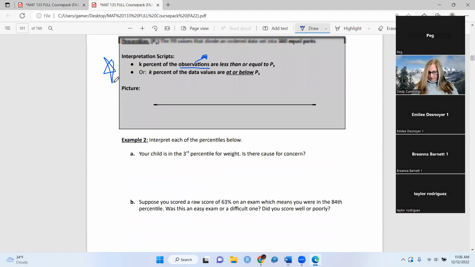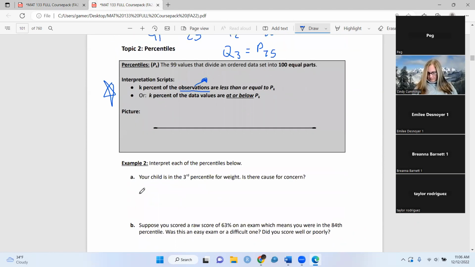Like if you were to write this interpretation out for example 2, you would say, let's say the child weighs like, I don't know, 10 pounds. Is that a reasonable weight for a child? I guess not. That would sound like a baby. So let's say 30 pounds.